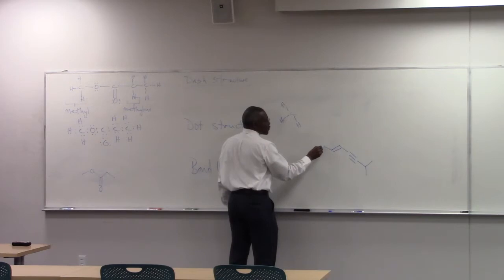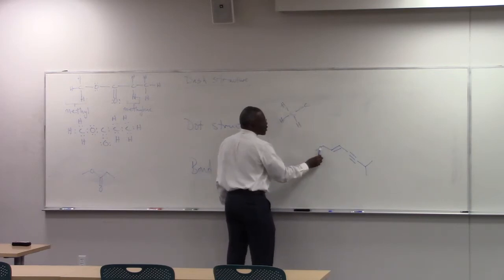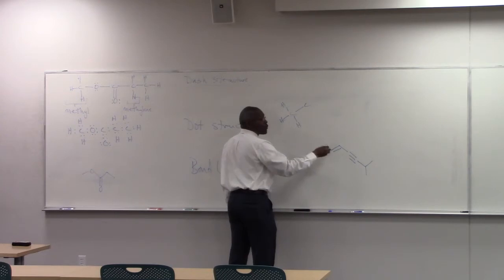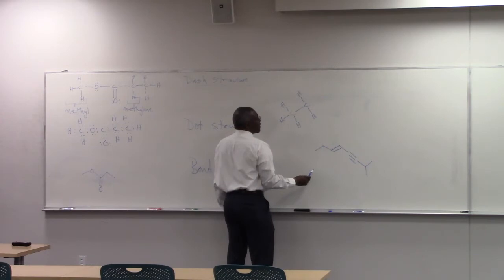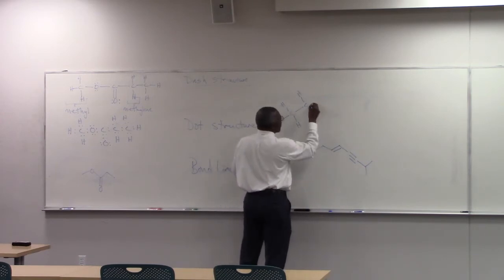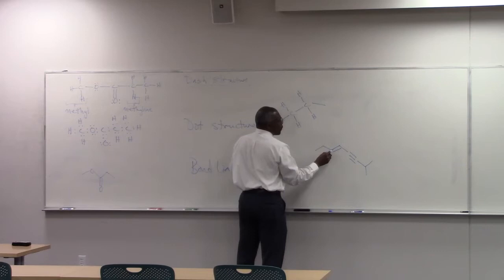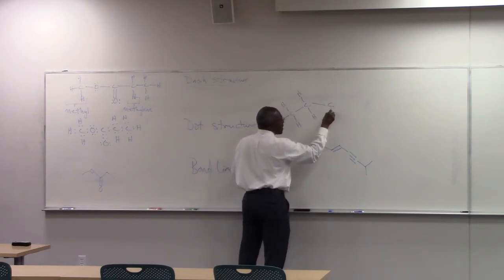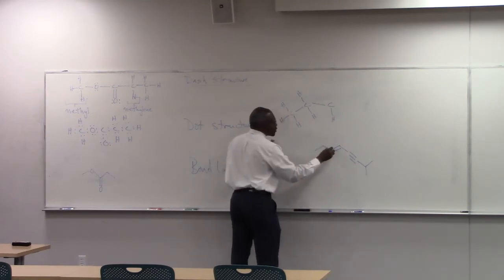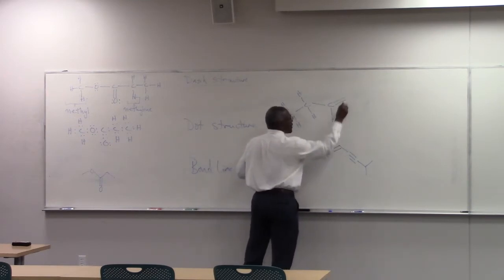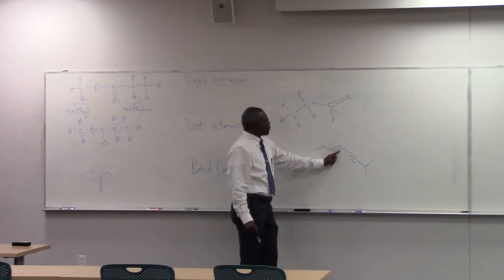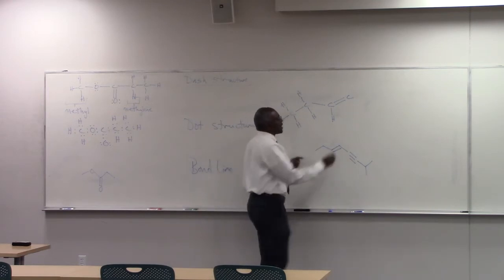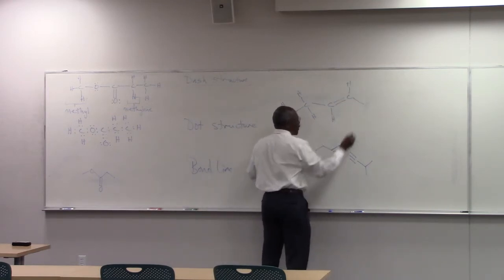That carbon is attached to another carbon, which is shown with 2 bonds, so there must be 2 other bonds to H's. In other words, that is a methylene group. That methylene is attached to another carbon, which is shown having 3 bonds, 1, 2, 3. So there must be another bond to an H, and I'm showing a double bond to a carbon. That carbon is shown as having 1, 2, 3 bonds, so there must be 1 bond here to an H, and then this bond to a carbon.